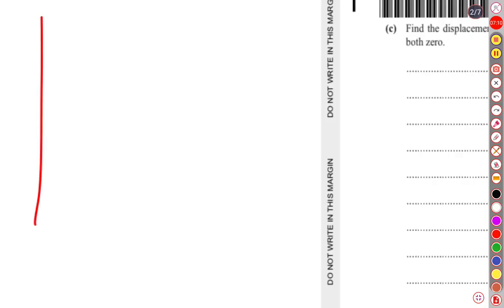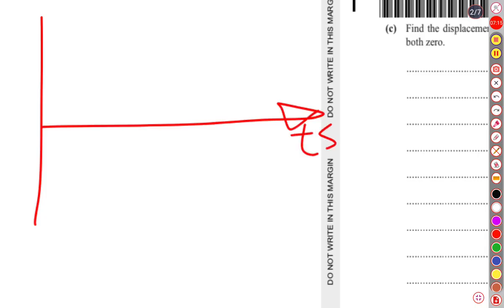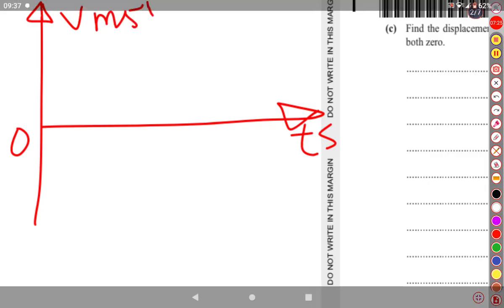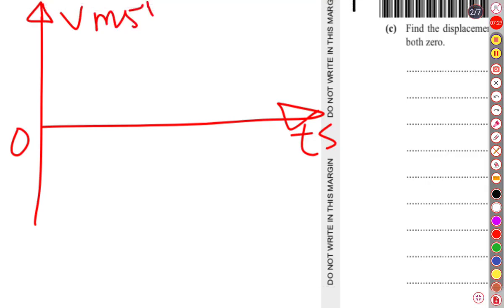This is velocity and it is time, velocity against time, and our v in meters per second is the vertical line. Let us see the velocity. Velocity was what? V is equal to (15 minus 2t) whole squared, isn't it?